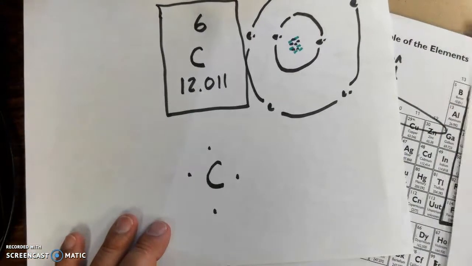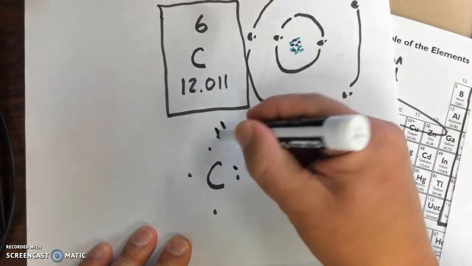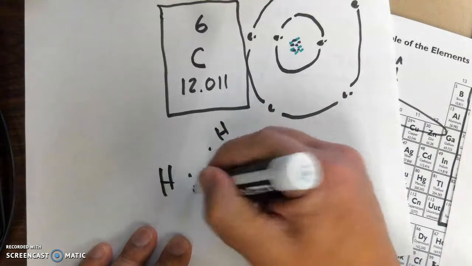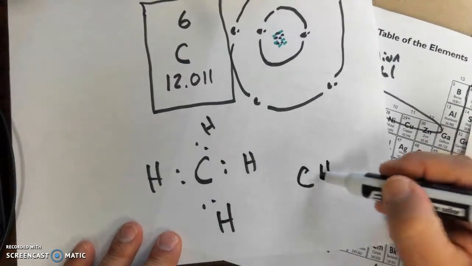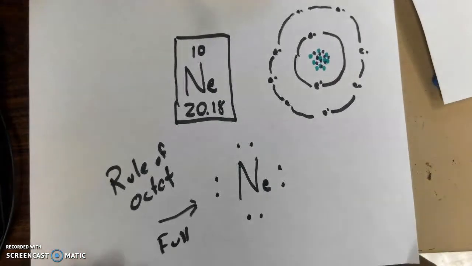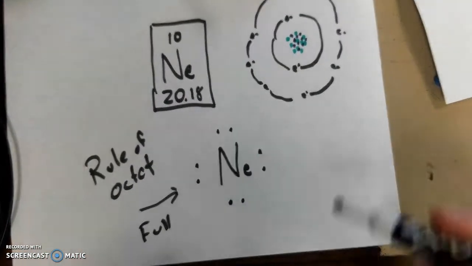If you take carbon, for example, you could attach hydrogen to carbon to make CH4. You could do that, but neon is full. It's got 8 electrons in its outermost shell. It's full. Same with argon.